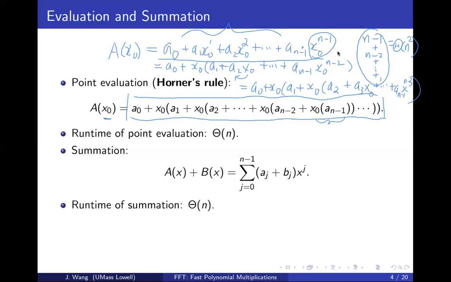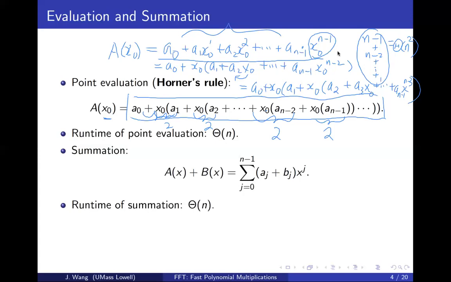It has one multiplication and one addition, so that's 2 operations. Each of these is 2, and finally this last one is 2 as well. So one multiplication, one addition.